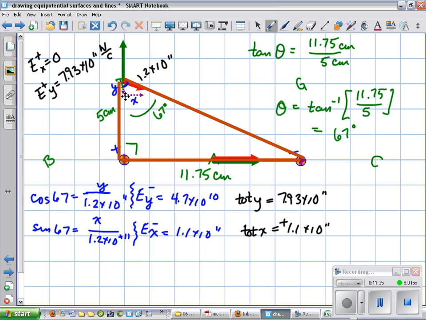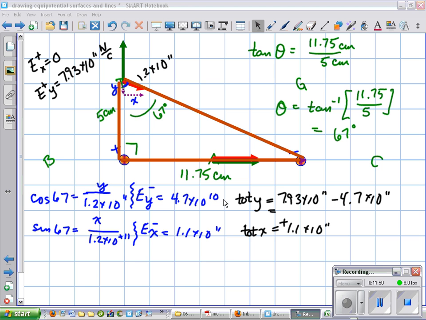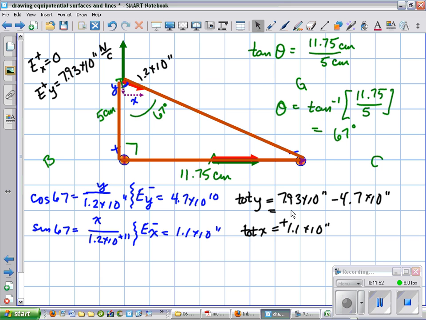And the y component of my red vector is pointed down, so it's negative, and it is 4.7 times 10 to the 11th. So subtracting those two, I get 3.23 times 10 to the 11th.